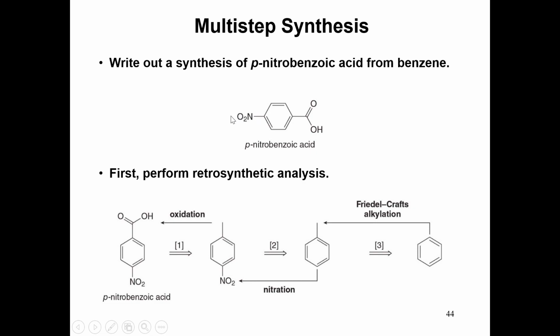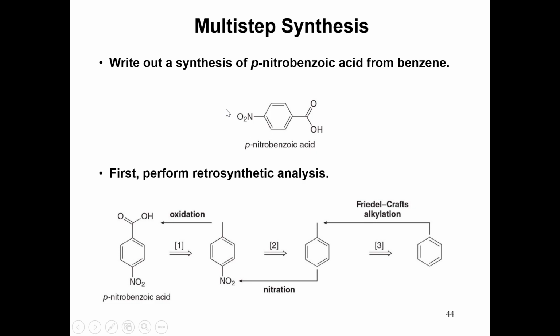So you are not able to do the Friedel-Crafts alkylation, because the electron density in the benzene ring is significantly reduced by this strong electron withdrawing group. So that's not a good way.